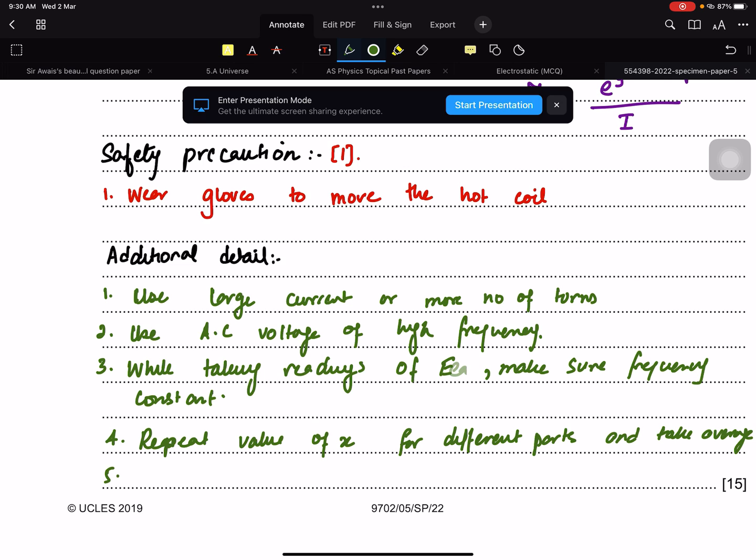Then for another point, just to be sure, you could use a spirit level. Spirit level is a device to ensure the ruler is horizontal. That could really help you.